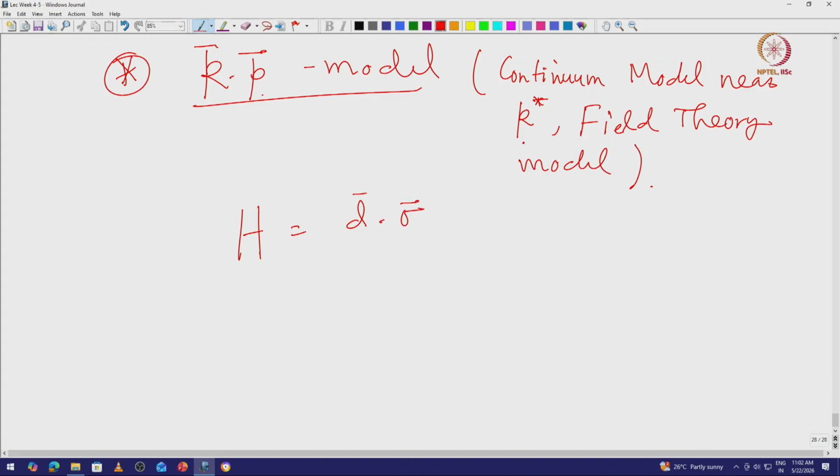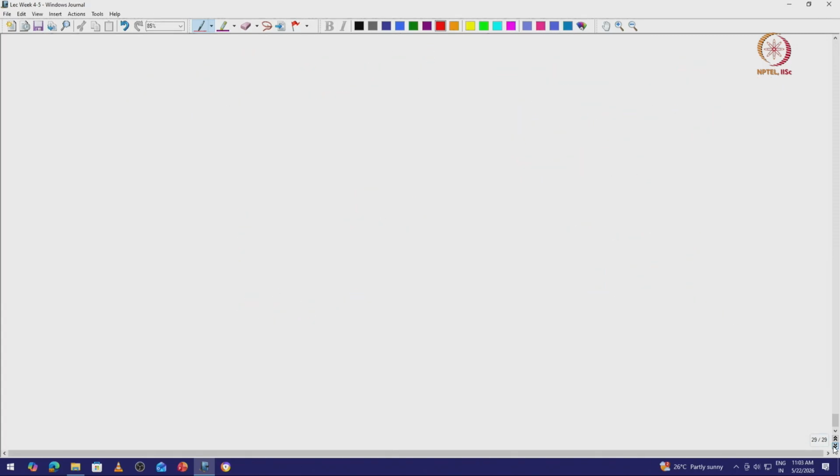So let us start with some 2 by 2 Hamiltonian again, and we already said that at K star the D vector goes to 0, and now we want to expand around K star in the K space. This can be slightly confusing.